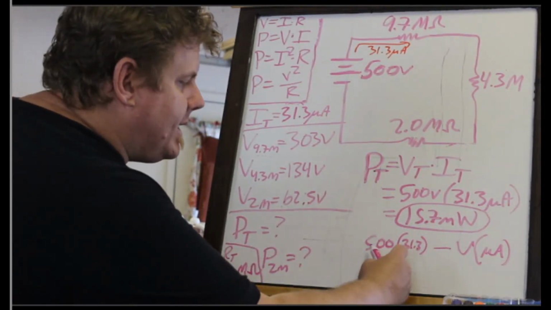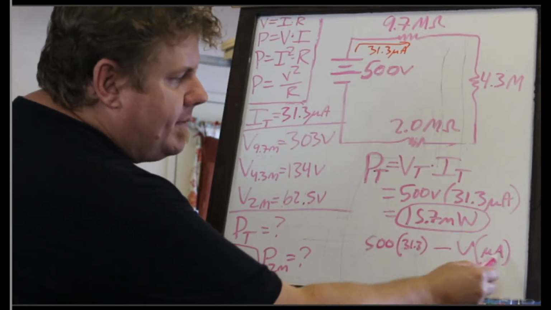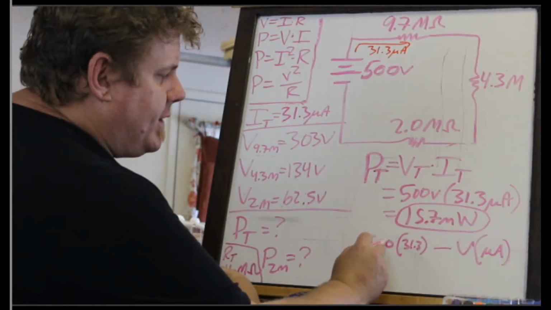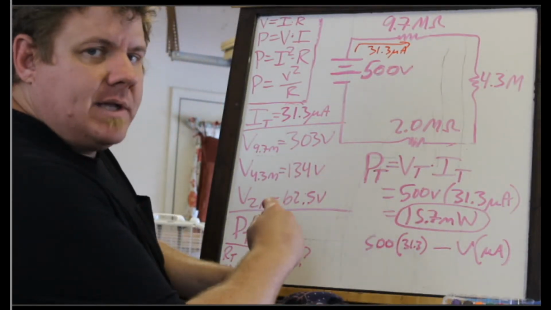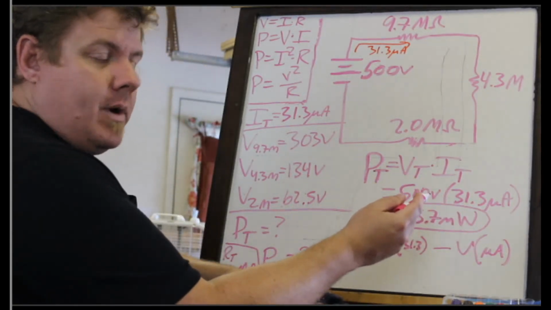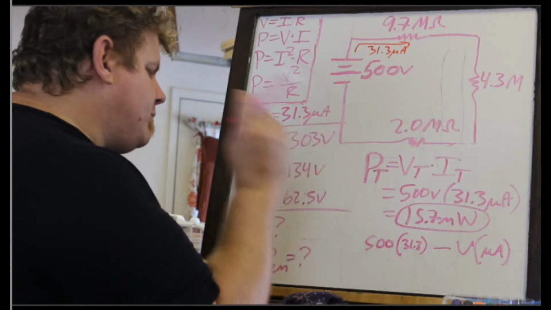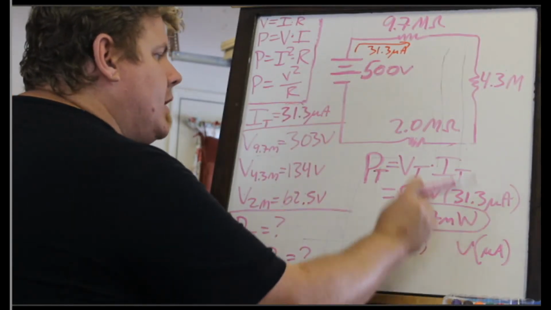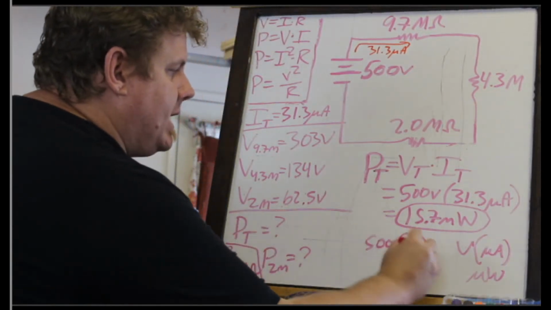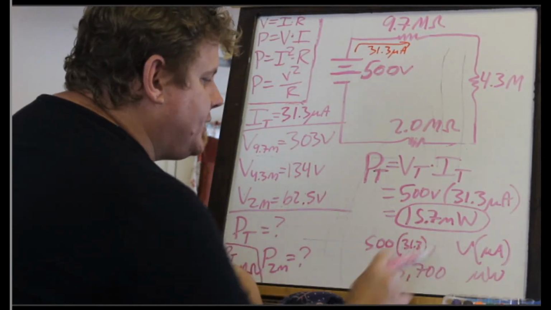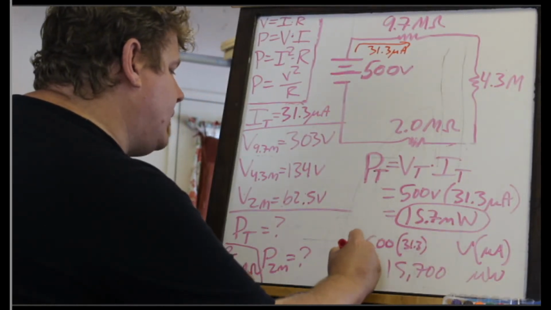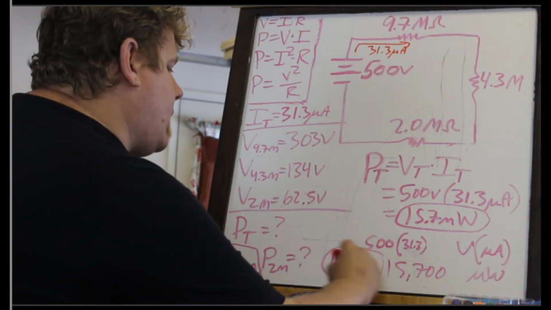Volts times microamps gives me microwatts. But this 500 times 30 is going to give me a number that's more than 1,000, so I'm going to have to move up 1 from microwatts to milliwatts. This is going to give me 15,700. So 15,700 microwatts is 15.7 milliwatts, and that's how I report it.